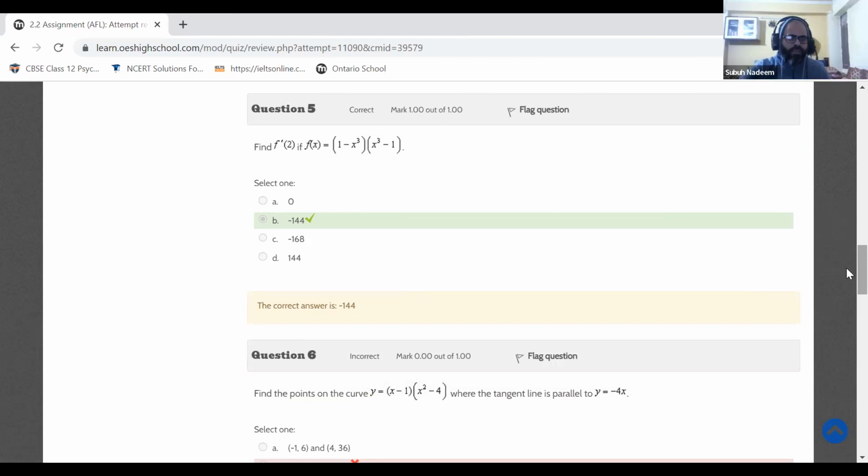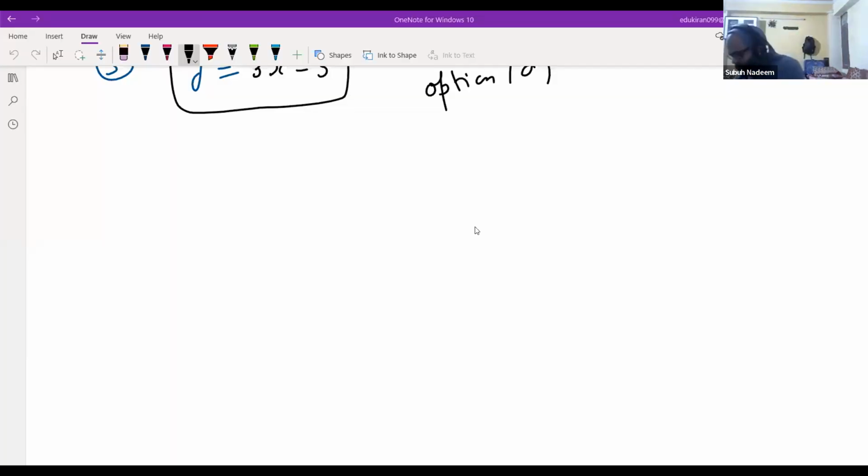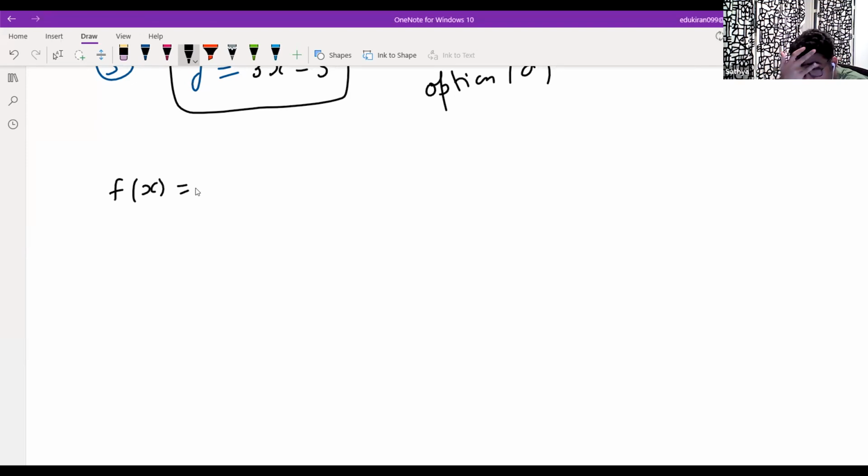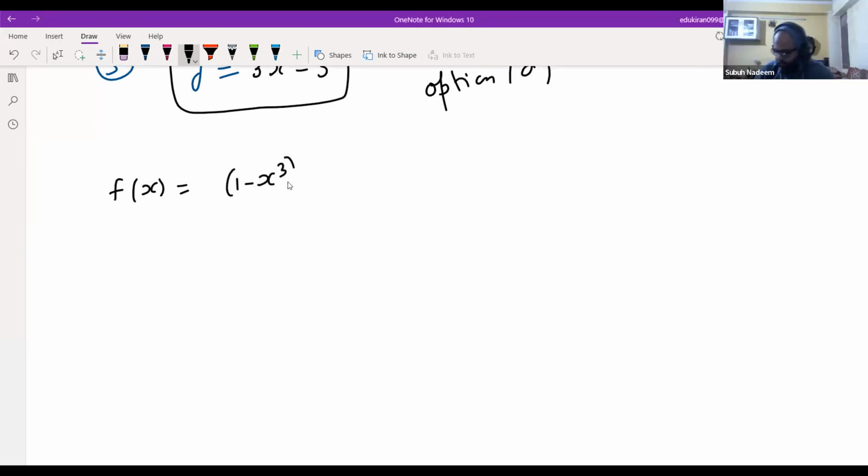Take one minus, you just remember it. I will ask from you what the question is. So, what was the question? f of x equals 1 minus x cubed into x cubed minus 1.